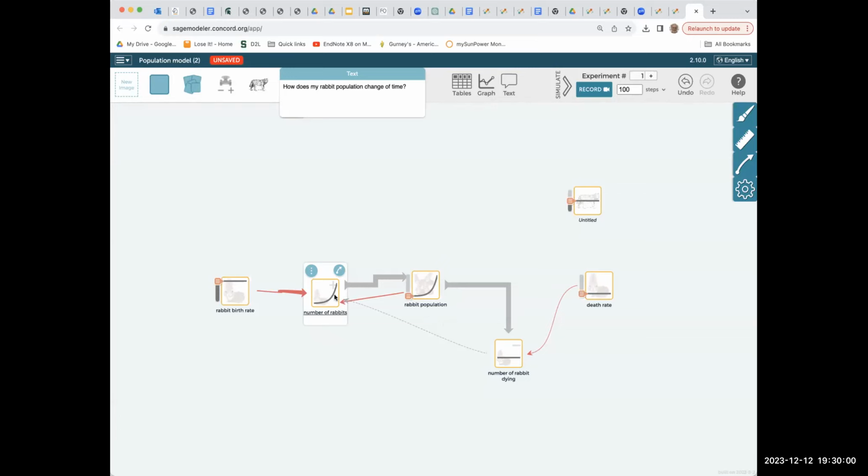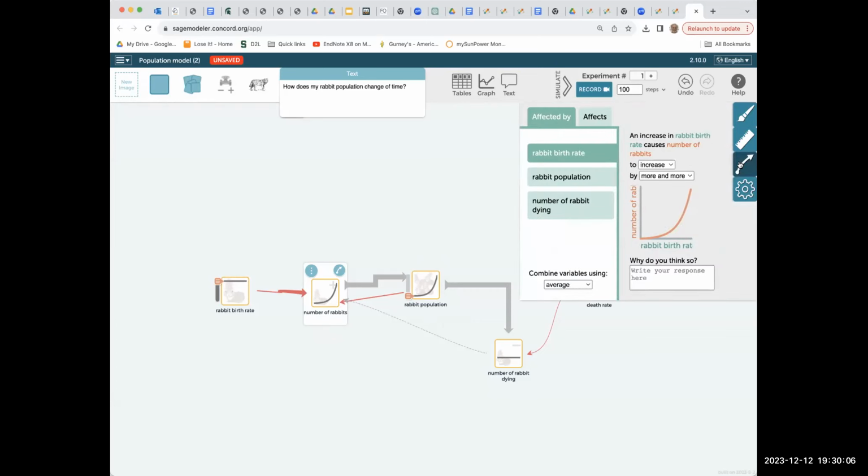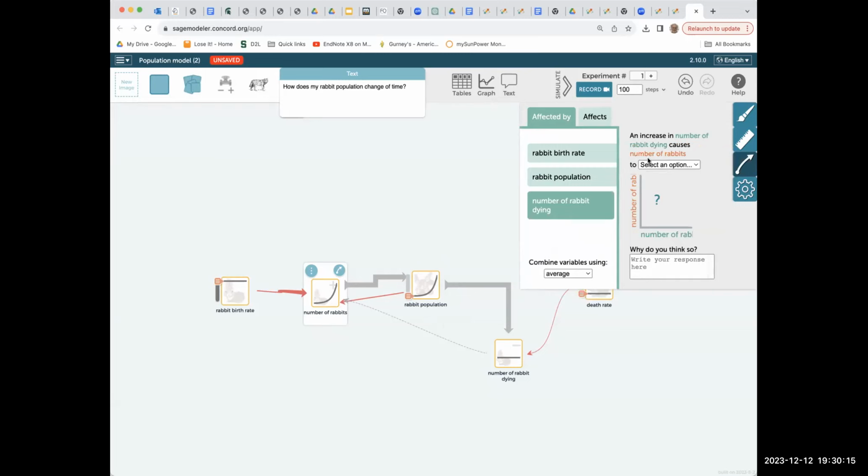So I'm going to go set this variable by clicking on it. And I click on the relationship arrow and it says, and again, I want to go to number of rabbits. Okay. So an increase in the number of rabbits dying causes the number of rabbits to decrease.